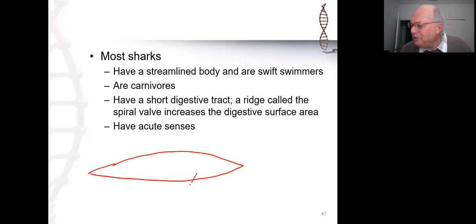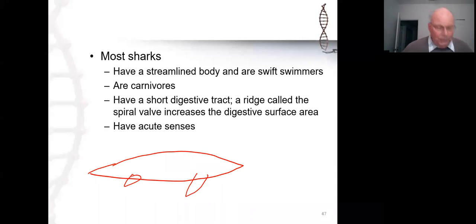The pectoral fins and the pelvic fins extend out. And if you look at them from side on, they look exactly like the wing on an airplane. So they actually provide lift to allow the shark to stay in the water column, because they do not have neutral buoyancy. They have negative buoyancy, meaning that they sink if they stop swimming. So their body form, both in their overall body plan and the shape of their fins, provides them with lift to allow them to stay in the water column.